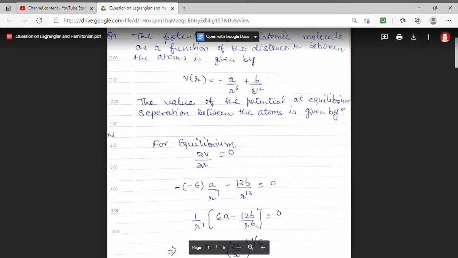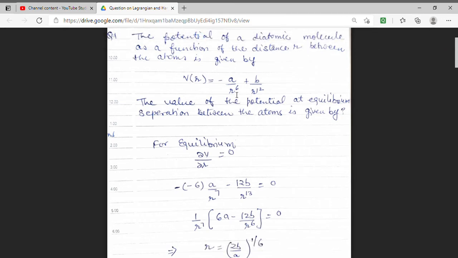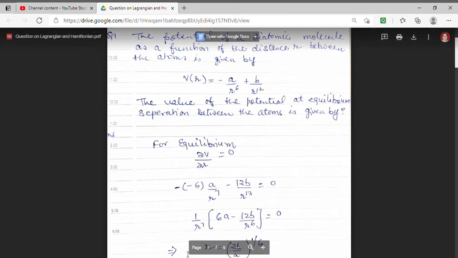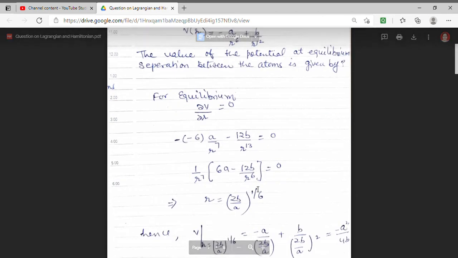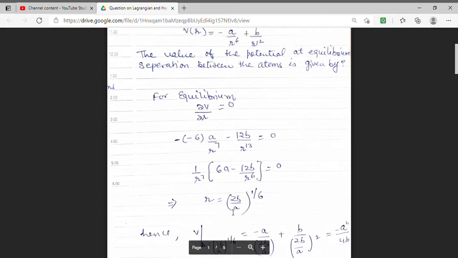Obtaining the derivative from this expression and solving, I get the value of r as (2b upon a) whole raised to the power 1 by 6.